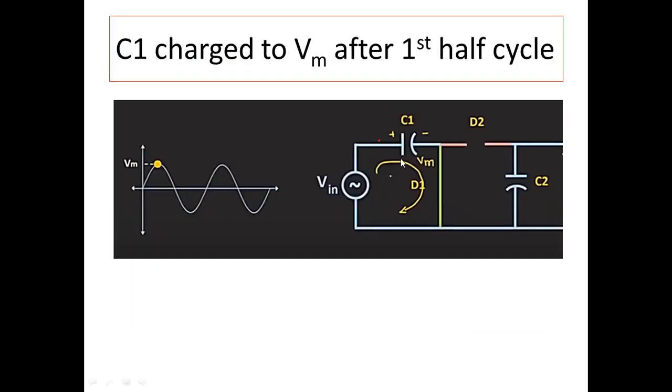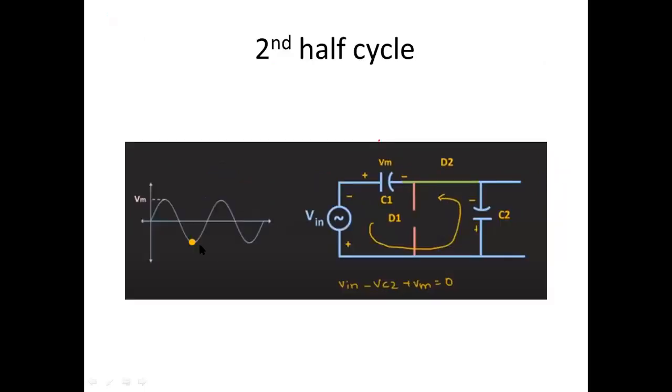So the capacitor C1 will be charged up to Vm in the first half cycle. Now in the second half cycle, the dot is over here, so we are now explaining the second half cycle. This was already charged in the first half cycle.